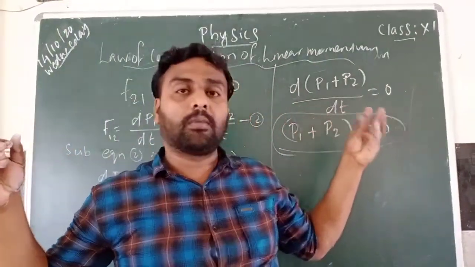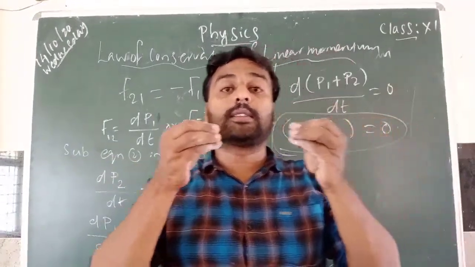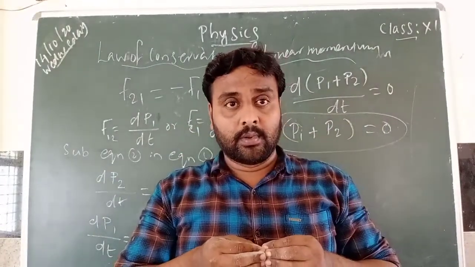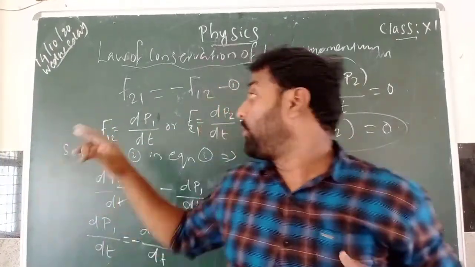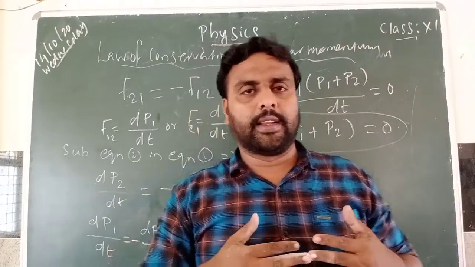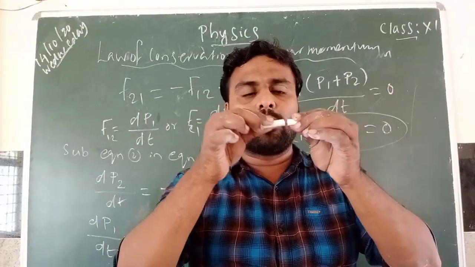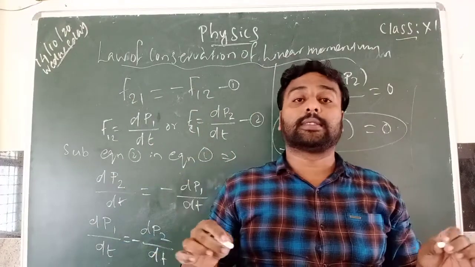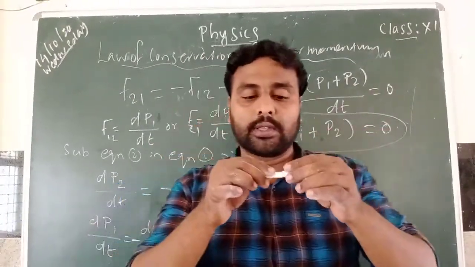In these two, the total linear momentum will always be 0, if no force is applied except these two forces. For example, when these two particles are hitting each other, the linear momentum P1 plus P2 is equal to 0.